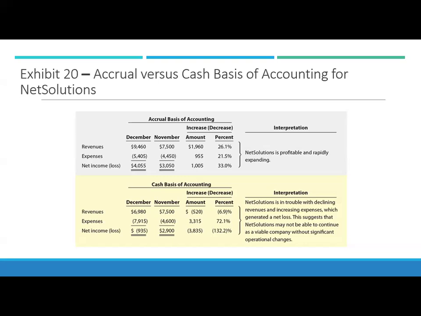And so the story in the accrual basis could be that Net Solutions is profitable and rapidly expanding, right? They have almost a 40% profit margin and increasing revenue, increasing net income. And under cash basis, they have a huge loss, and their revenues are falling, their expenses are increasing.